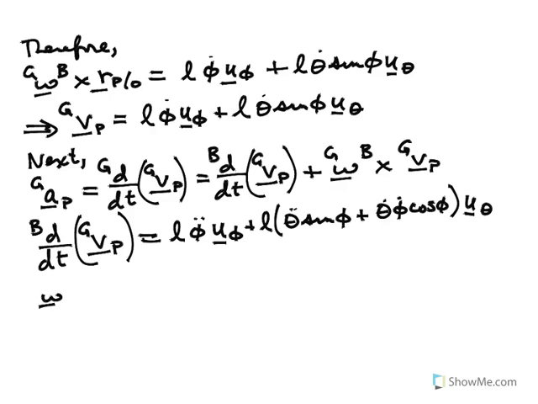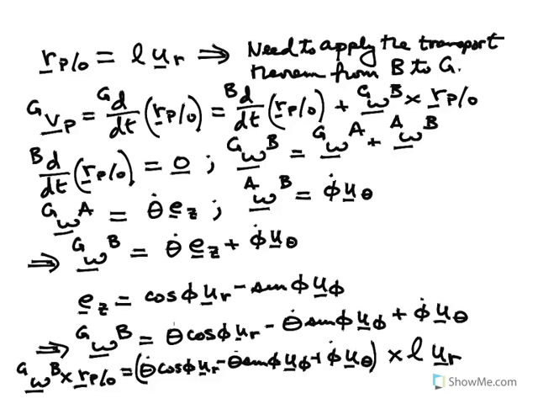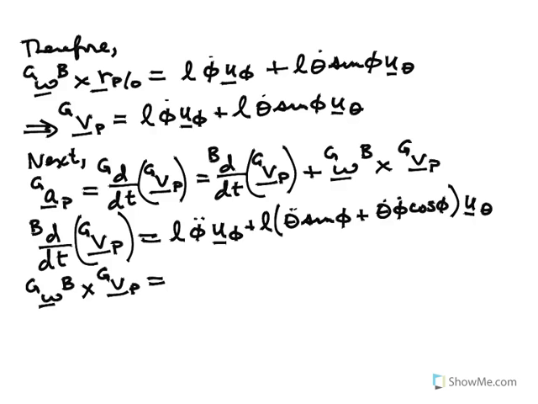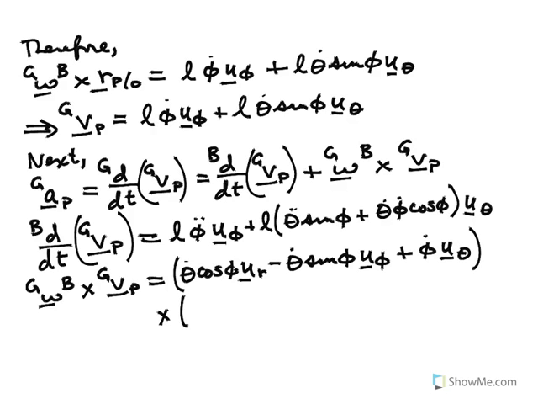The second term is omega BG crossed with the velocity of P in G, which is equal to, if we go back and get the angular velocity, theta dot cosine phi u r, and then minus theta dot times the sine of phi u phi plus phi dot times u sub theta, crossed with L phi dot u sub phi plus L theta dot sine phi times u sub theta.